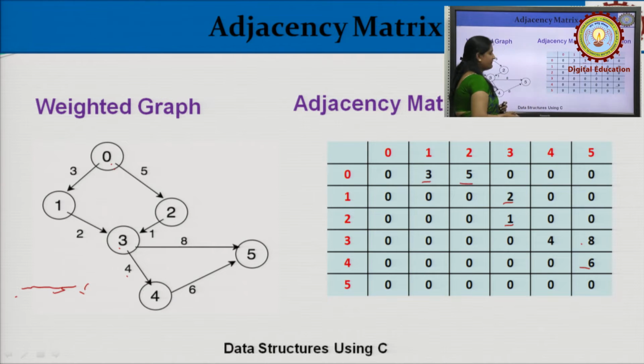And vertex 5 is not adjacent to any vertex, that means all entries are 0. So, this is the adjacency matrix representation of the weighted graph.